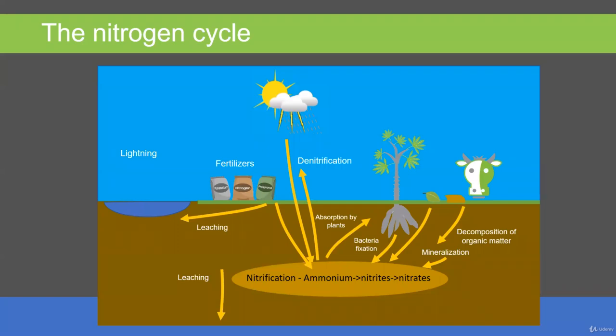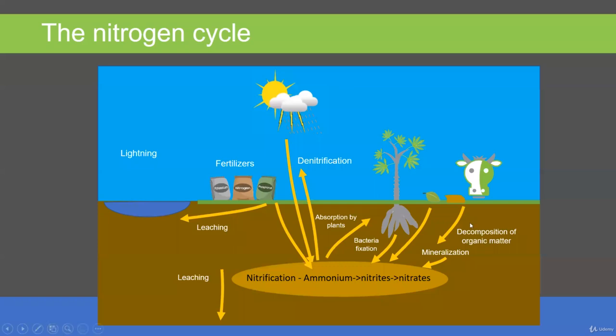Over here you have the nitrogen cycle. In the soil, we have the nitrification process that basically converts ammonium to nitrites and then nitrates.